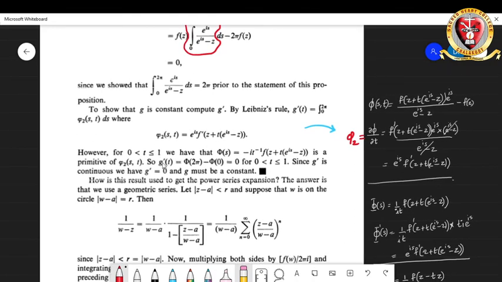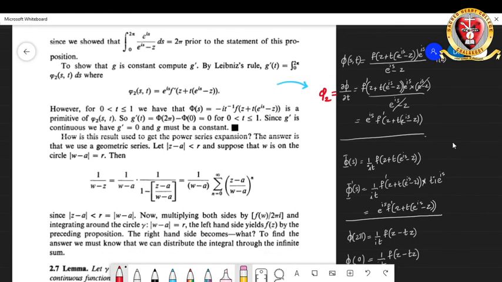Also, t is varying from 0 to 1, and suppose capital phi of s is equal to 1 by it into f of z plus t e raised to is minus z. We are going to differentiate this function with respect to s. When we differentiate, you get 1 by it into f dash of z plus t into e raised to is minus z, into the derivative of the term sitting inside with respect to s, that will be t into i into e raised to is.